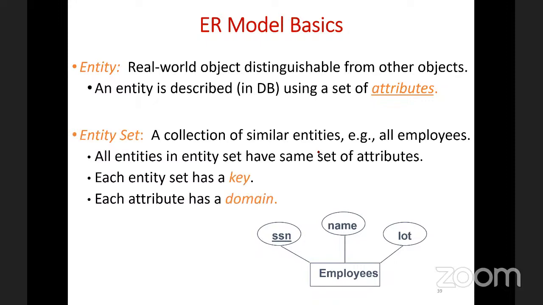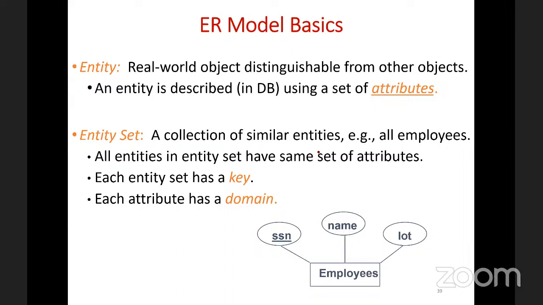Now, what is an entity set? An entity set is nothing but a collection of similar entities. For example, this organization has 100 employees. Each employee is represented by one row, right? And the collection of all those employees is your entity set. All entities in the entity set must have the same set of attributes.